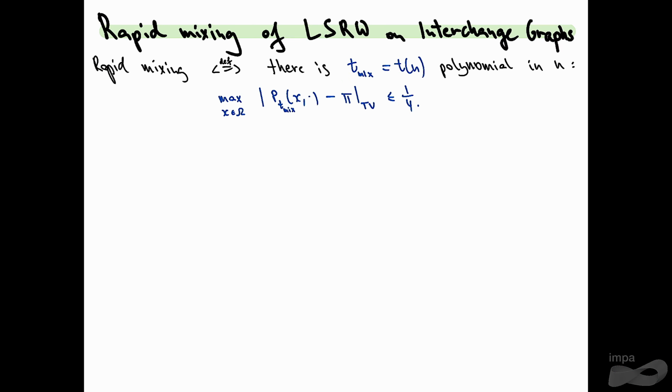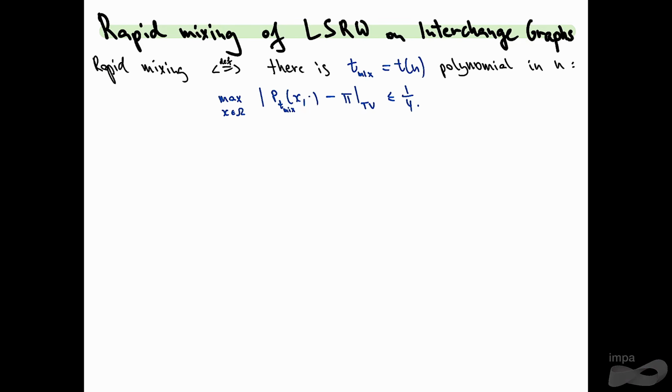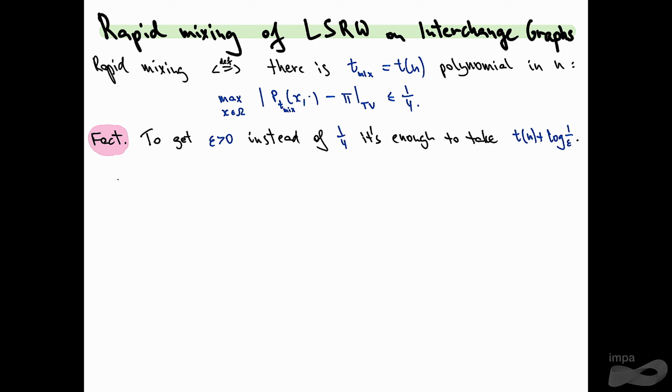To remind those not that familiar with rapid mixing, I will try to prove that there is some time which is polynomial in the number of players, so that the distribution after t steps is at most a small constant far from the stationary distribution.